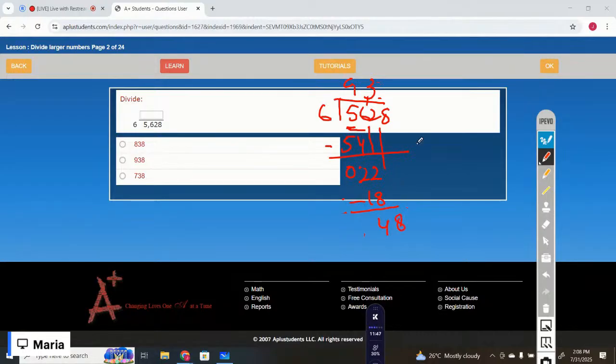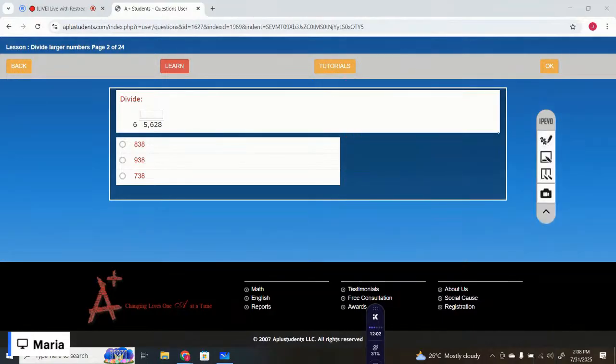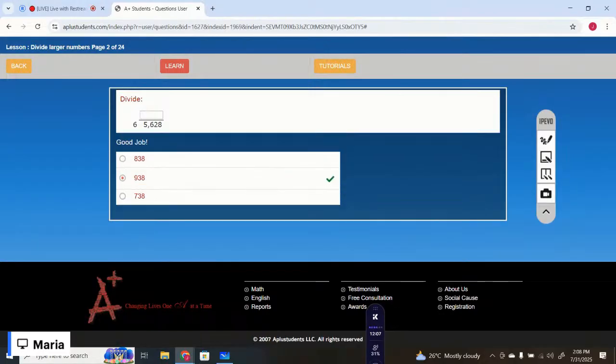Now let's bring the 8 down. So 6 times 8 is 48. So the correct option is 938. Option number 2 is the correct option. Basically, that's how we do the long division method, right?